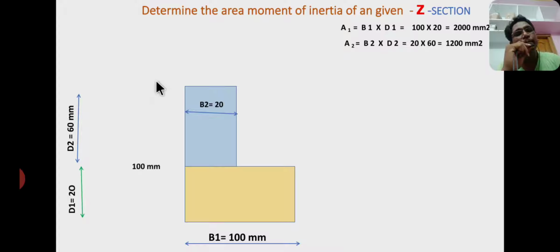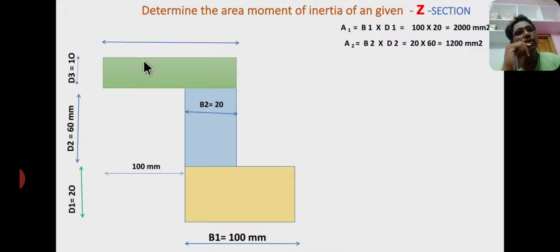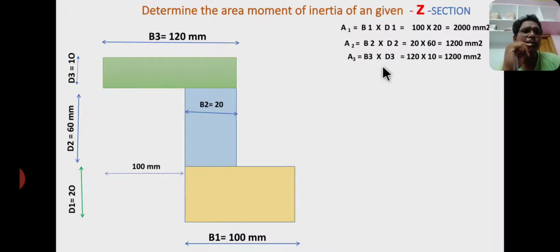And A3 is the area of a third rectangle, that is the top rectangle. Depth d3 equal to 10 mm and base b3 equal to 120 mm. Therefore A3 equal to 120 by 10, base into depth, equal to 1200 mm square. Okay, these are the individual areas. A1 is the area of a bottom rectangle, A2 is the area of a middle rectangle, A3 is the area of a top rectangle.